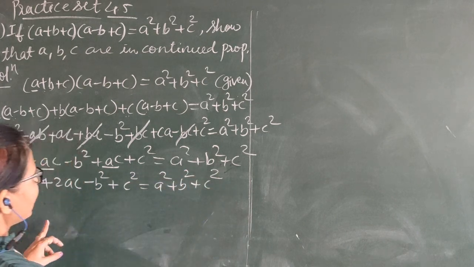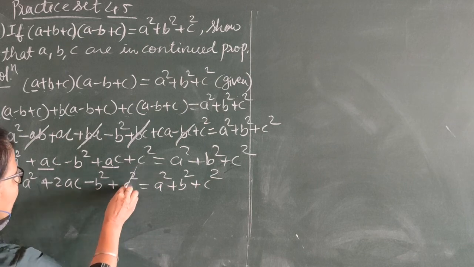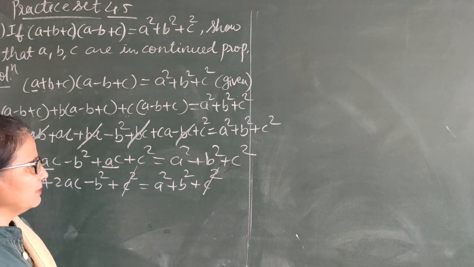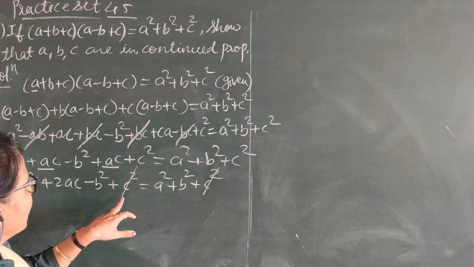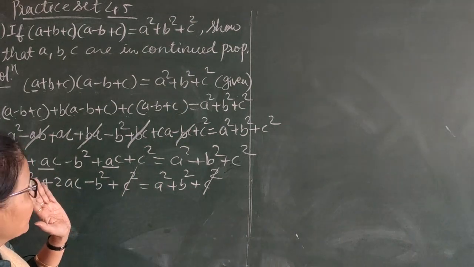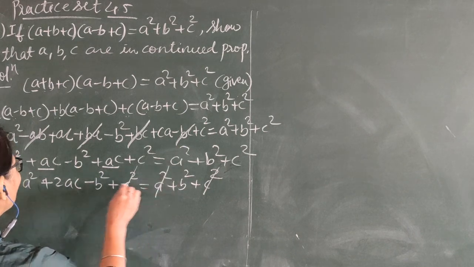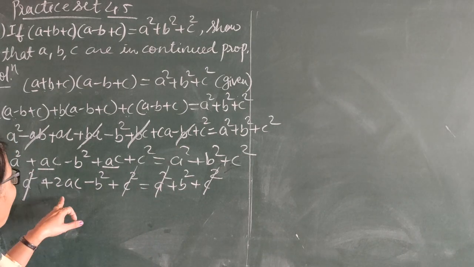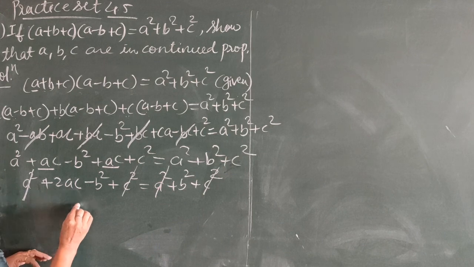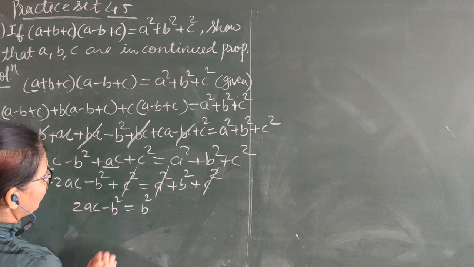Okay, now children, you can see that this c square and c square are eliminated from both sides. The terms are the same and the sign is the same on both sides, so they are eliminated. And again this a square is also eliminated, and now what is left? Let me write: 2ac minus b square is equal to b square.